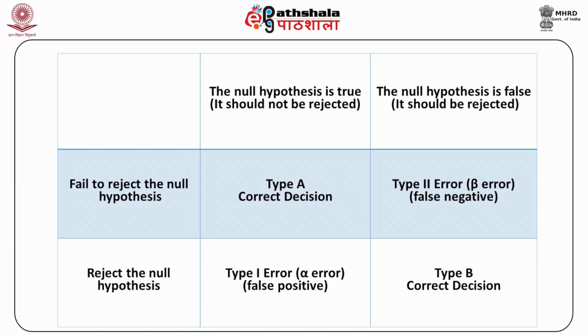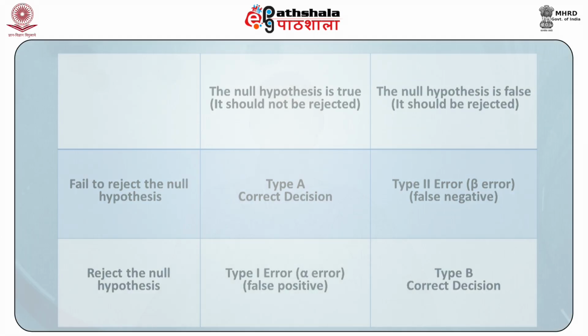It is called the false negative. Rejecting the null hypothesis when the null hypothesis is true, then we commit type 1 error, also called the alpha error or the false positive. Whereas rejecting the null hypothesis when the null hypothesis is false is a correct decision and it leads to the right results.